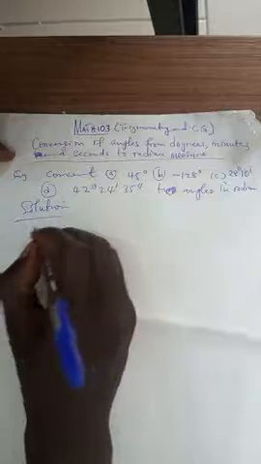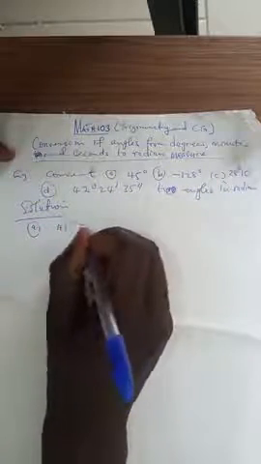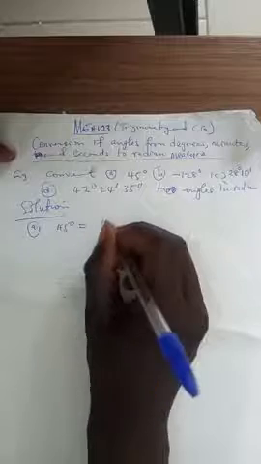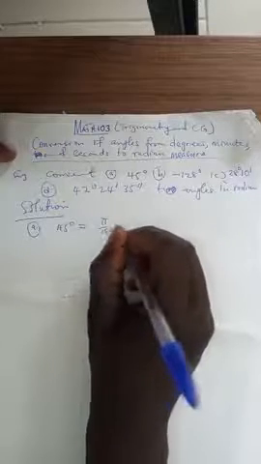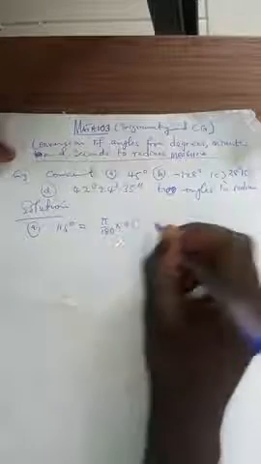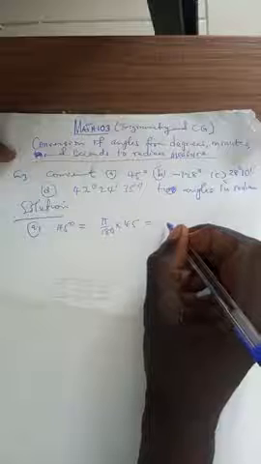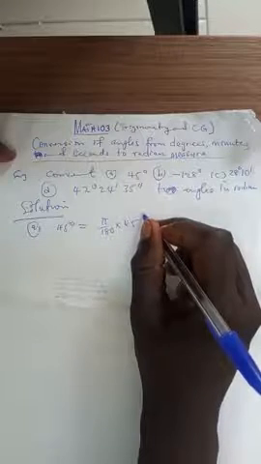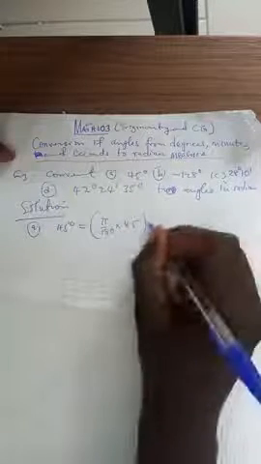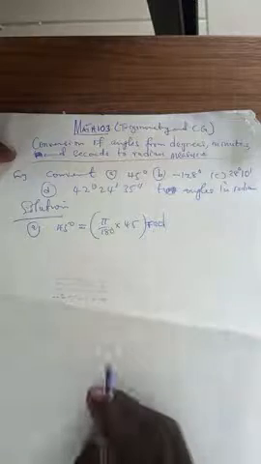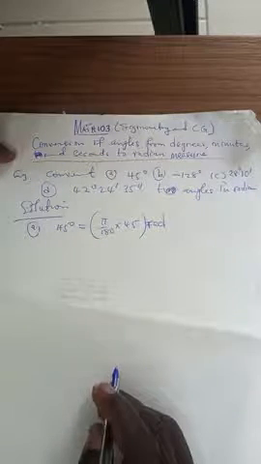For example, the A part, we are given 45 degrees, and this is equal to pi over 180 times 45 degrees. The answer will appear in radian measure, whatsoever the answer may be.